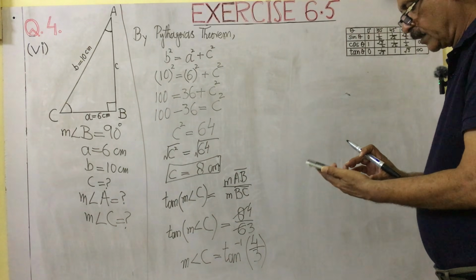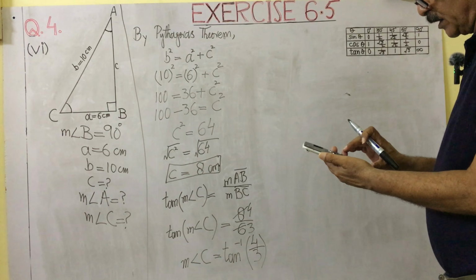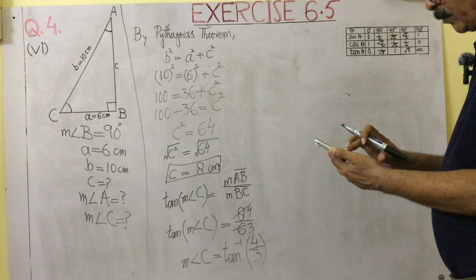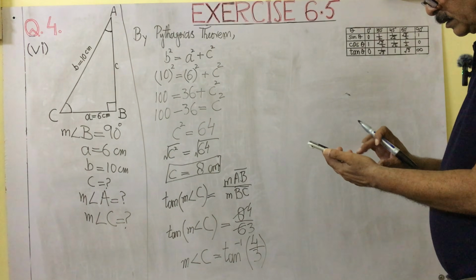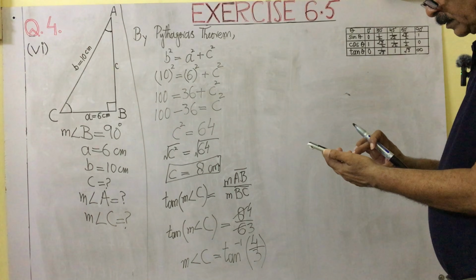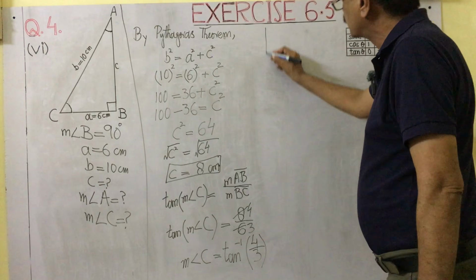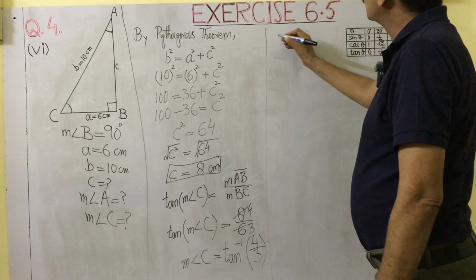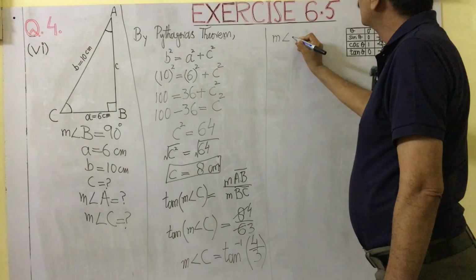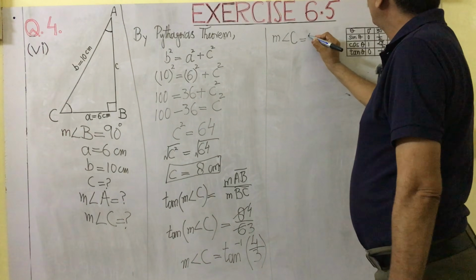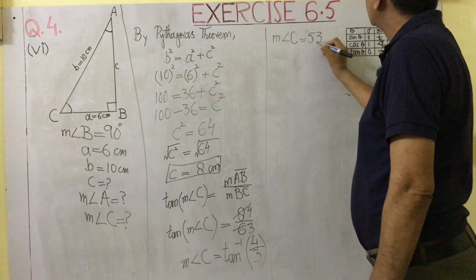Using the scientific calculator, we see tangent inverse of 4 by 3 is equal to 53.1 degrees. So angle C comes to be 53.1 degrees.